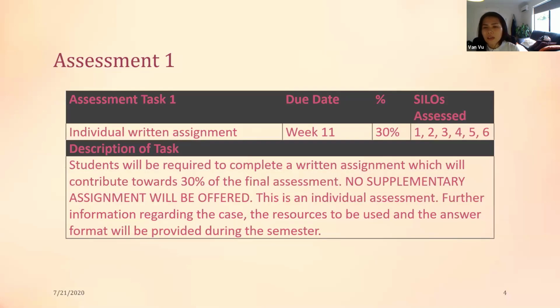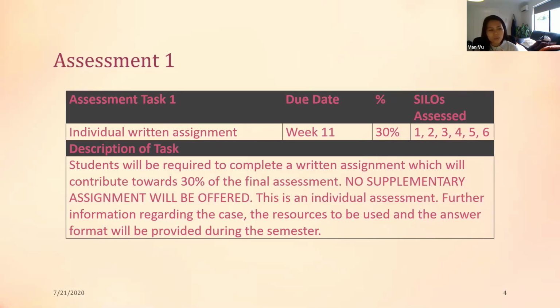Let's first talk about the different assessment types for this subject. You're going to have four assessment types. The first one is an individual assignment that is due in week 11. I haven't written a concrete case yet, but it's going to be a business case.